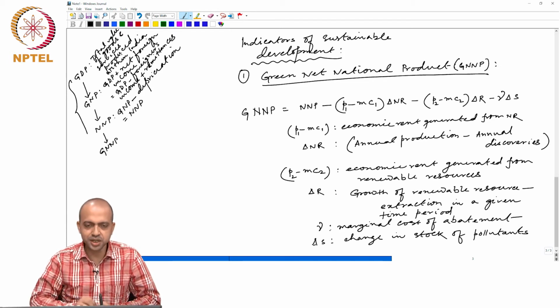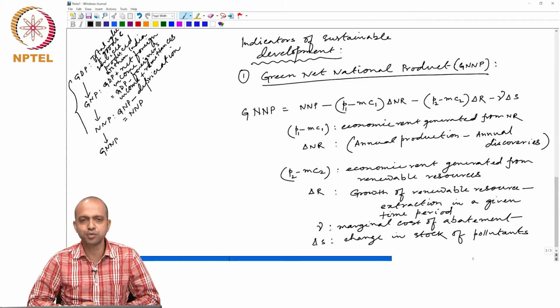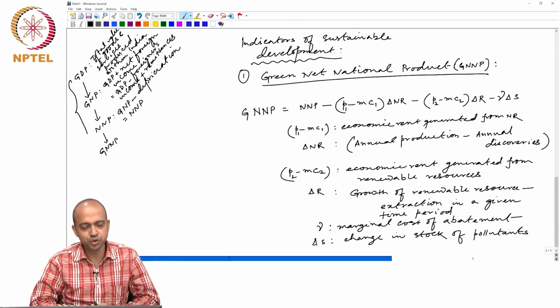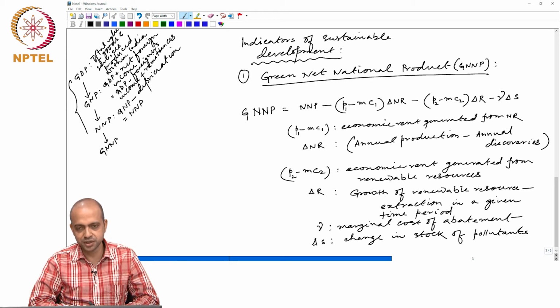So, utilizing one single marginal cost of abatement for all sorts of pollutants is quite problematic. Similarly, when you try to measure the change in stock, for which particular pollutant you are talking about, is it CO2, is it NOx, or is it SO2, that also makes this measurement problematic.